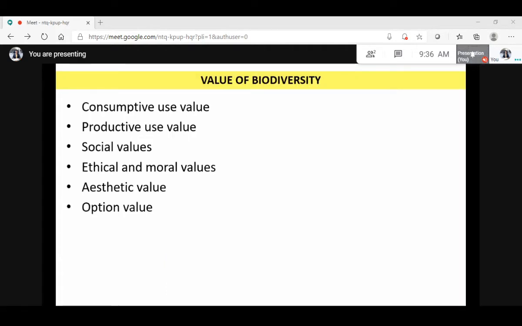So, what is the value of biodiversity and ecosystems in general? They have various types of values as mentioned here: consumptive use value, productive use value, social values, ethical and moral values, aesthetic value, and option value.